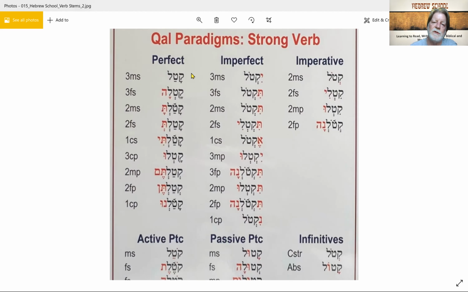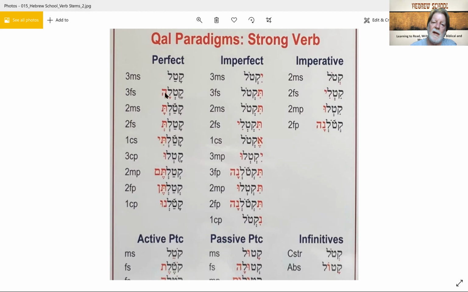So one of the things I want you to notice is that in the Qal form, in the basic form, no prefixes are added to this root, qatal. All of the variations, depending on gender, number, and person, are all suffixes.